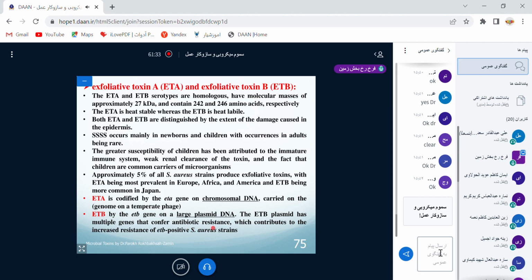antibiotic resistance, which contributes to the increased resistance of ETB positive Staphylococcus aureus strains. So those Staphylococcus aureus which contain ETB have a virulence factor.